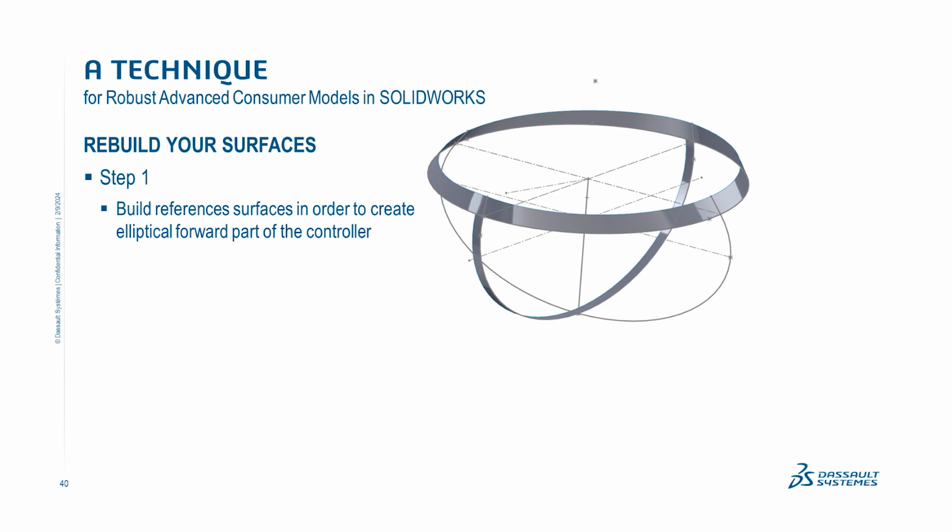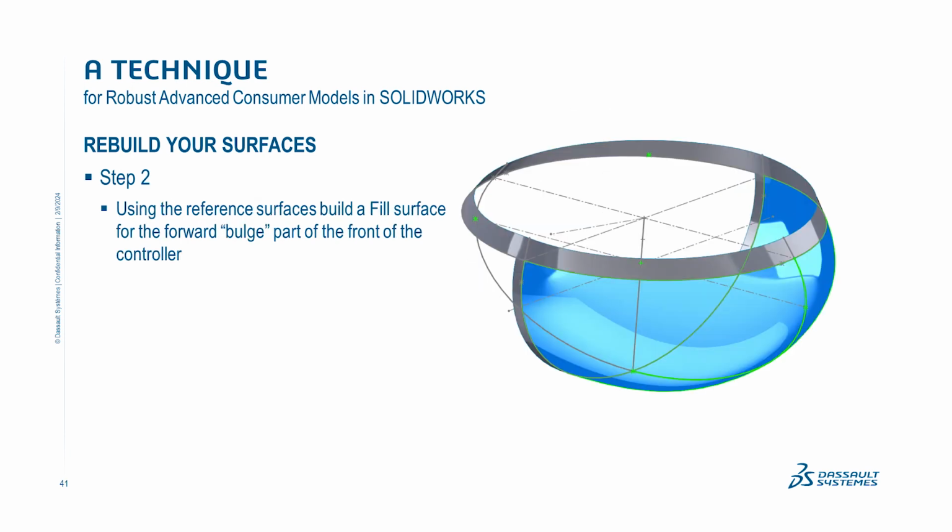And so I try to make it really simple, really robust. That's my reference surface. And that's to establish the tangency of how you want the fill feature to behave or end at that boundary. So with those, then I can go ahead and create my fill features.